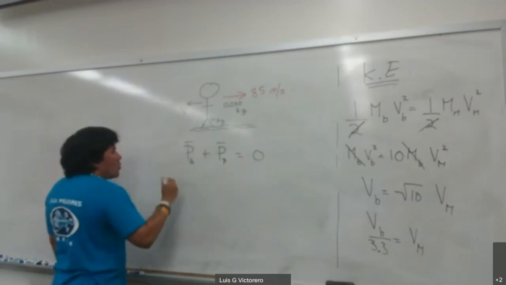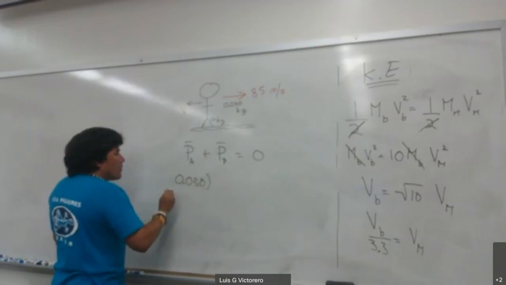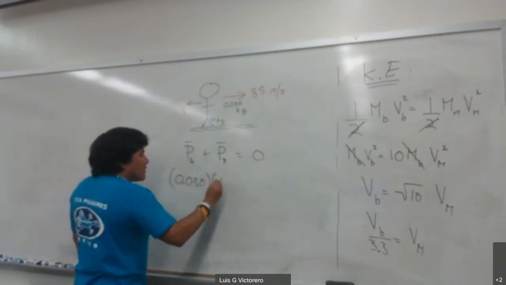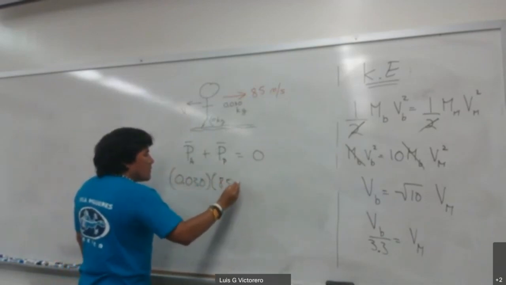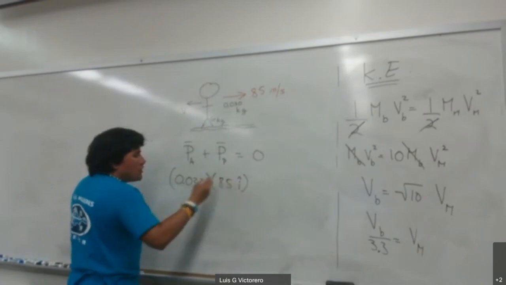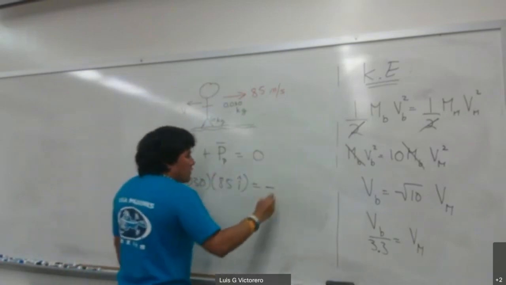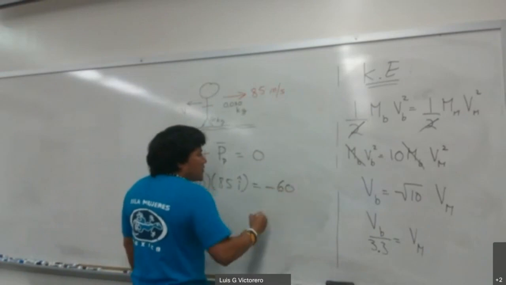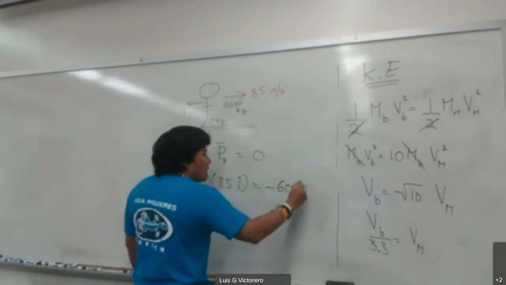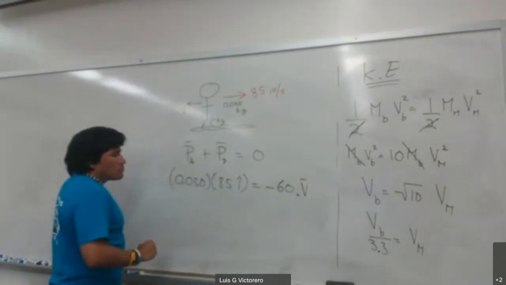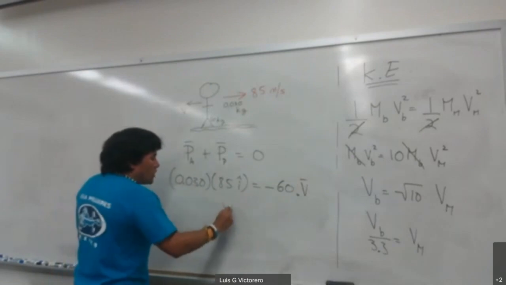The momentum of the arrow would be mass times velocity, right? Let's go to the next slide. Mass of the person, so velocity will be negative.